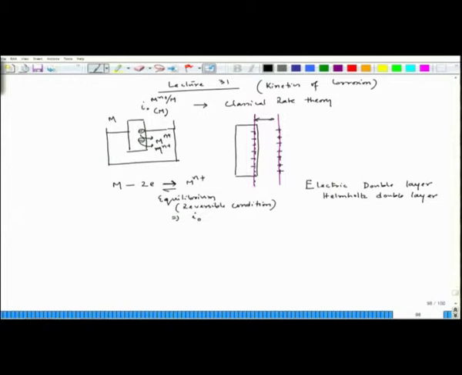The inside part is called the IHP and the outer one is called the OHP. The IHP is the inner Helmholtz plane, and the OHP is the outer Helmholtz plane.